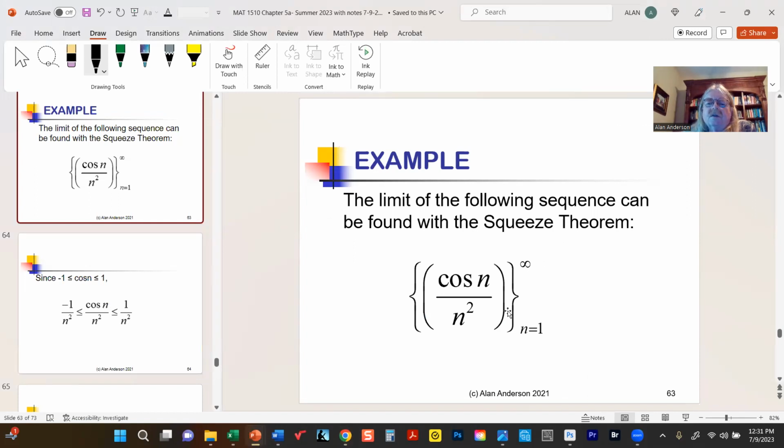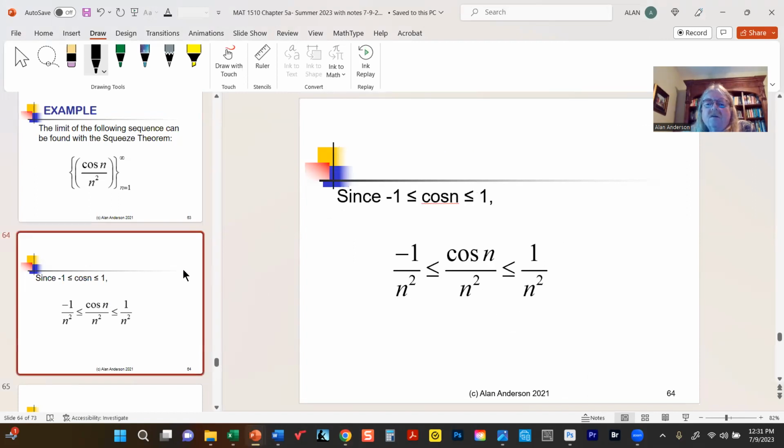Now, suppose we don't want to deal with this messy function. What we do know is that cosine of n is bounded between negative and positive 1, which implies that no matter what n is, the same thing can be said for negative 1 over n squared and positive 1 over n squared. So this must hold.